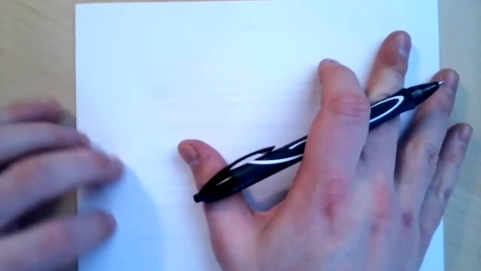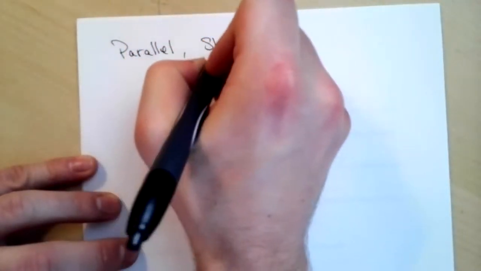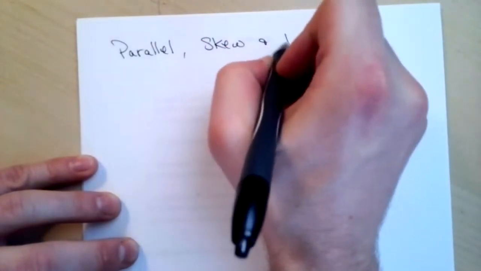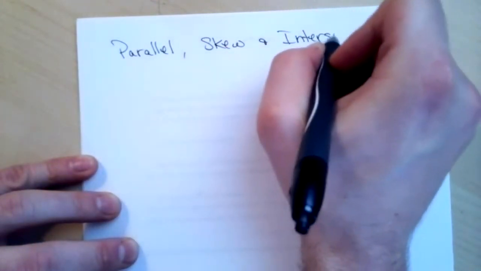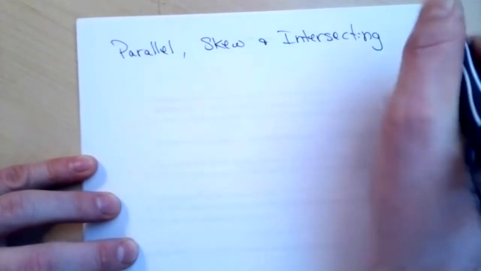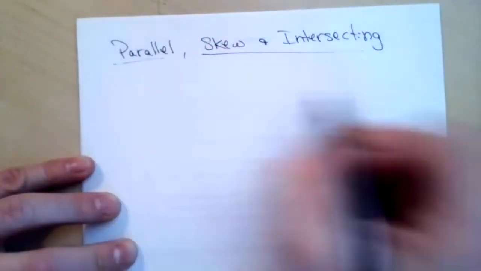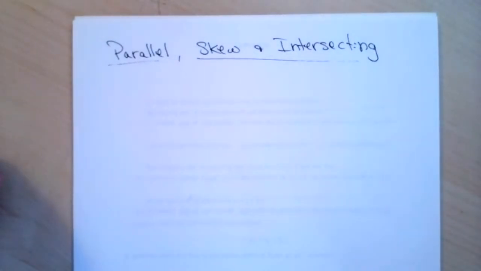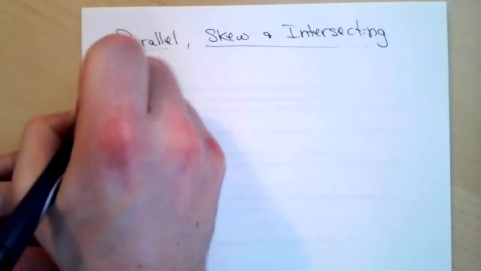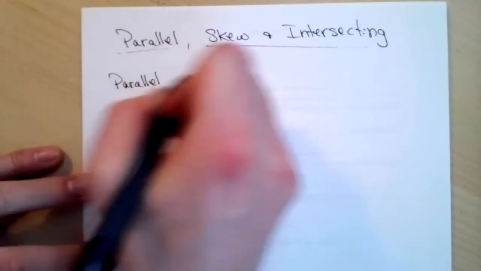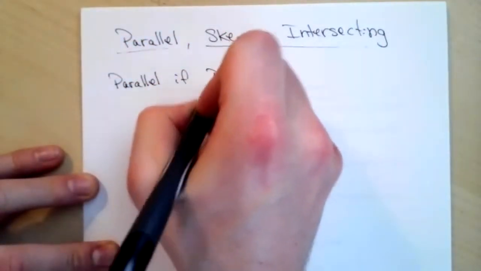Okay, so we want to talk about parallel, skew, and intersecting. Two lines are parallel if the directional vectors are the same.